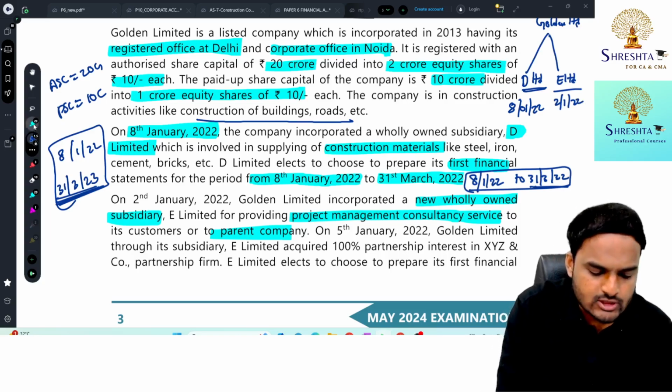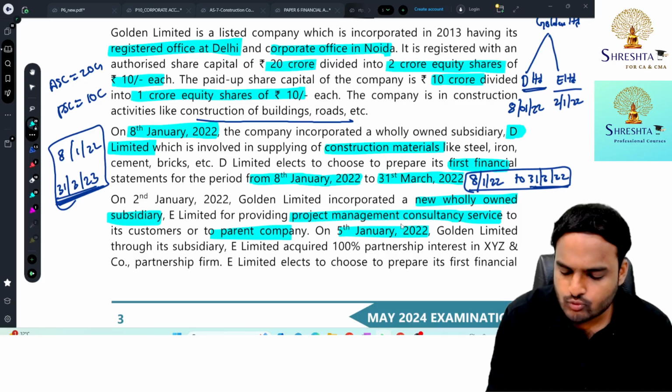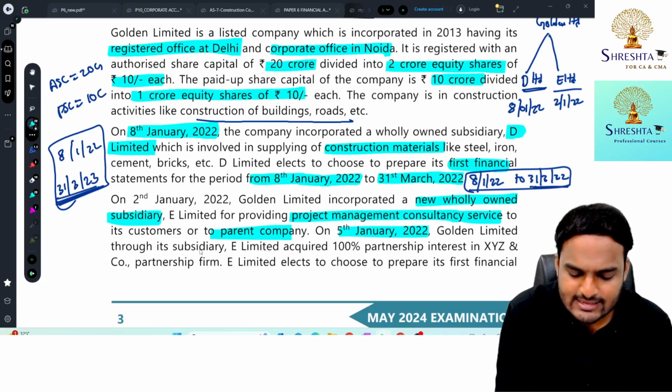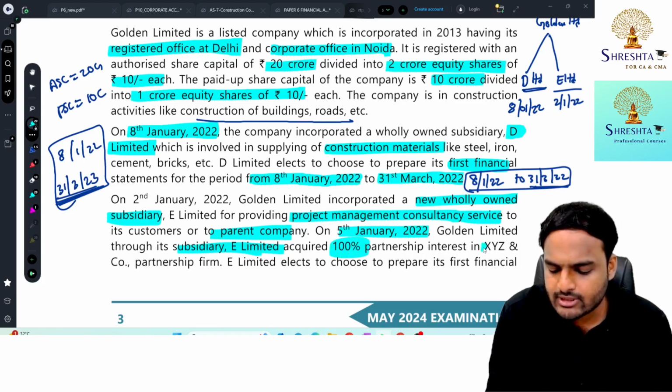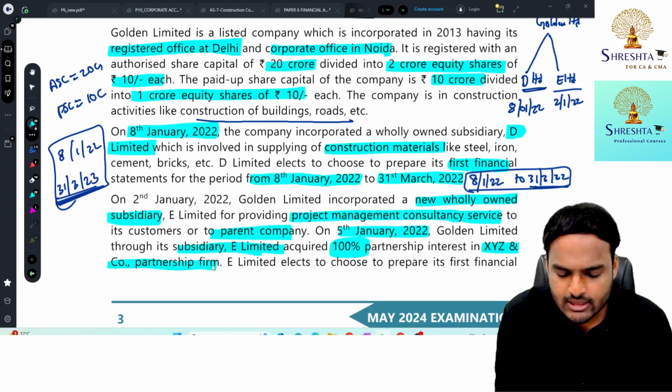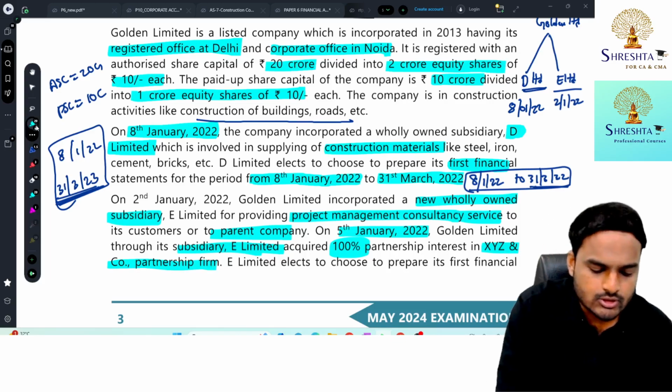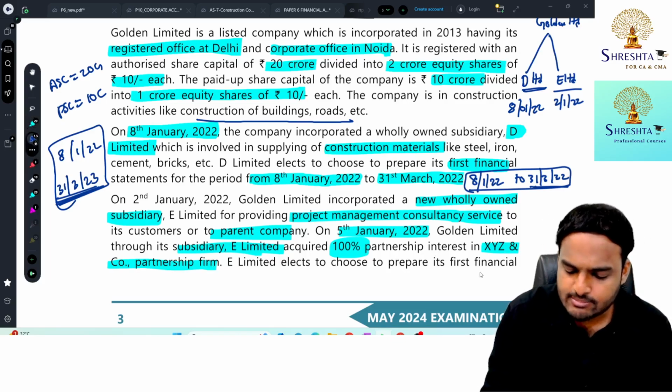Okay. Next one. On 5th January 2022, Golden Limited through its subsidiary E Limited acquired 100% partnership interest in XYZ and Co. partnership firm.